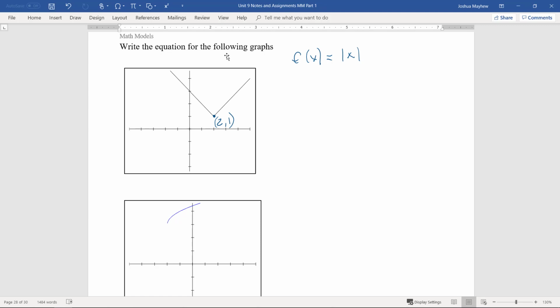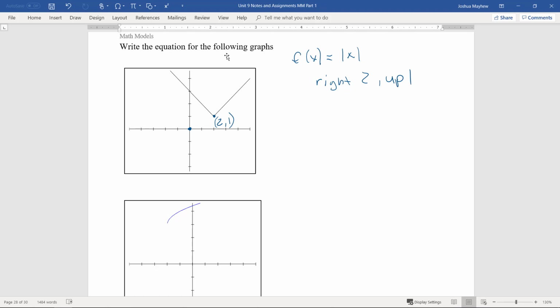Okay, so if I remember on absolute value, the original vertex was at (0, 0), so it went to the right 2 and up 1. So I'm going to write that, right 2, up 1. Okay, and there's nothing else happening here in this one. It's facing up.